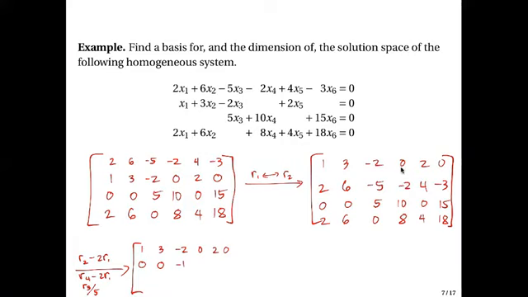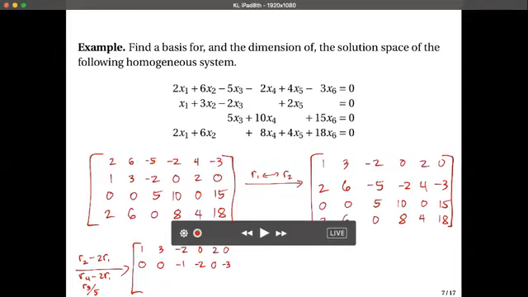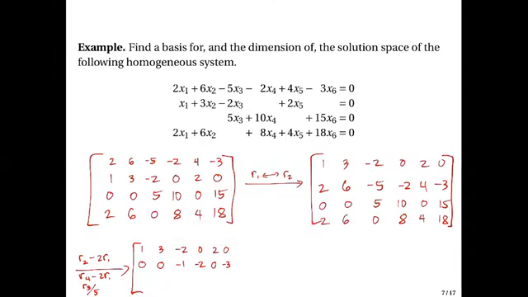Negative 2 here. And then 4 minus 2 times 2, that's 4 minus 4, that's 0. And then you have here negative 3. And then for row 3, we are just dividing by 5. So you will have 0, 0, 1, 2, 0, 3.